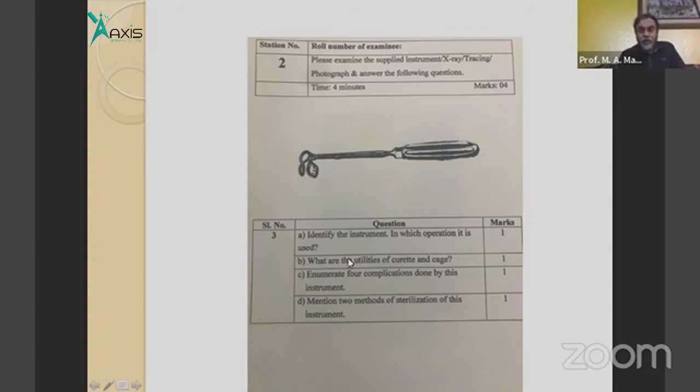Now, what are the utilities of the curette and case? As you know, adenoid removal is a blind procedure. It has no capsule like the tonsil, so we cannot dissect the adenoid, even we cannot see. That's why we use this curette to curette the adenoid tissue.